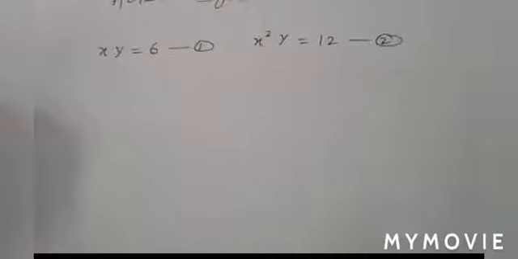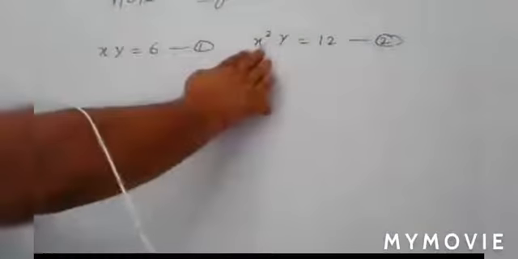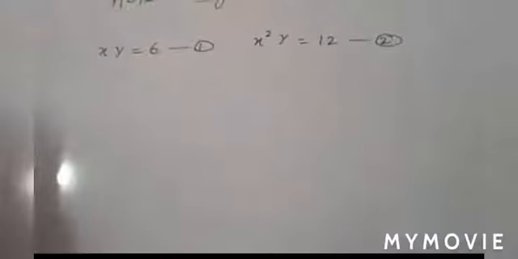First of all, you're trying to find the value of x by solving 1 and 2. Here you have x squared, so from the first equation you find the value of either x or y, it's your choice.